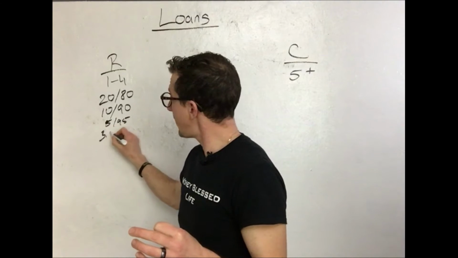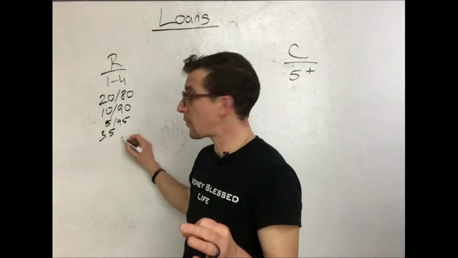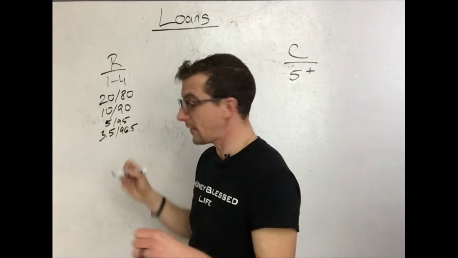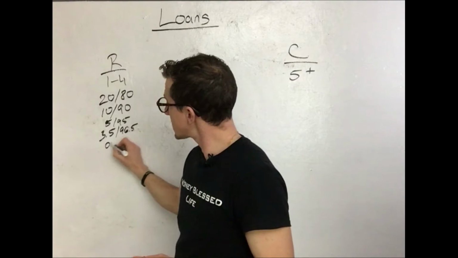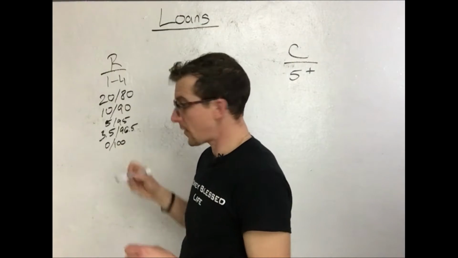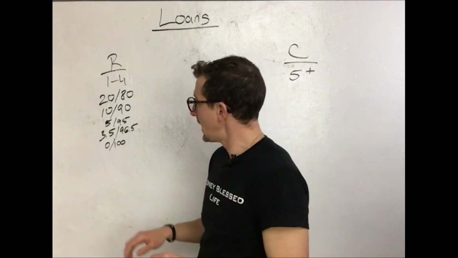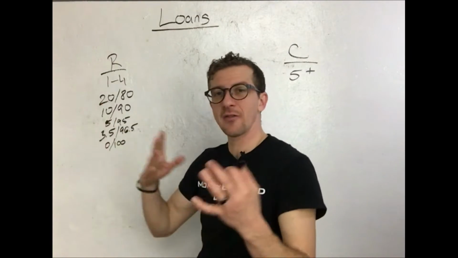Then you have the FHA, which is 3.5% down, and that would make it 96.5 on the other end. And then, of course, sometimes there is 100% financed, meaning zero money down.